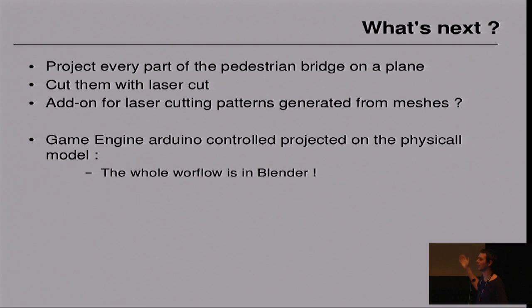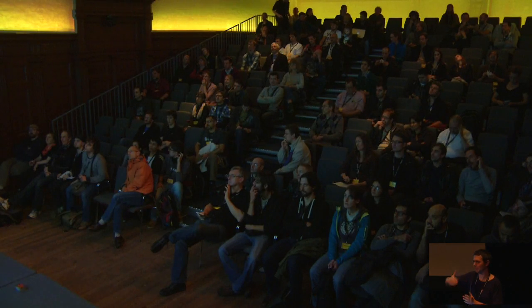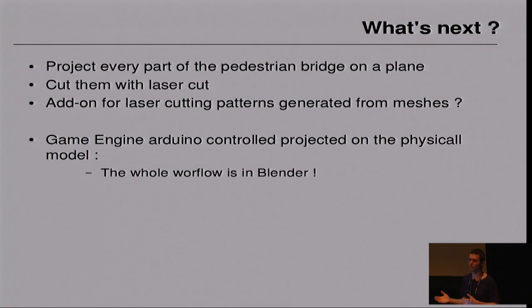So what's next? I would like to take my pedestrian bridge that is made of slices like that, and laser cut it. So I have to try to write or find somebody to write me a Python script to project it on a flat plane and then laser cut it.